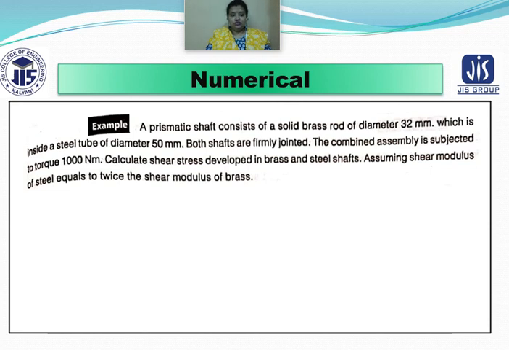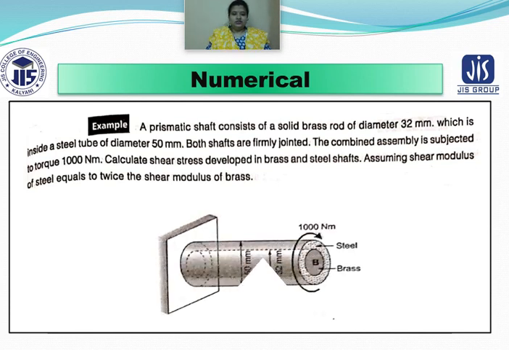Now you need to calculate the shear stress developed in the brass and steel shaft, and you need to assume the shear modulus of steel is twice the shear modulus of brass. So just have a look. This is very simple.